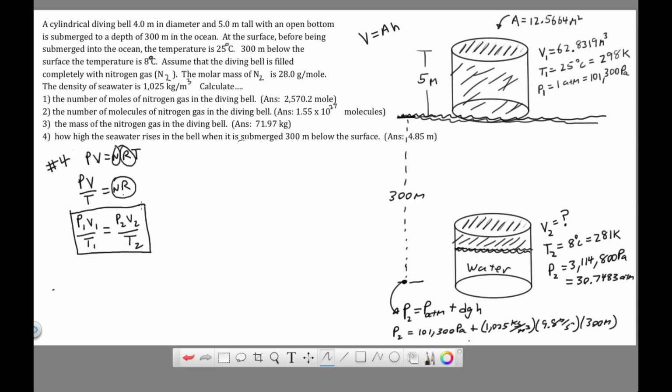So we're back over to here now. We take this equation. V2 is going to be P1 V1 T2 over T1 P2. Okay, so plugging our values here. P1 is 1 atmosphere.